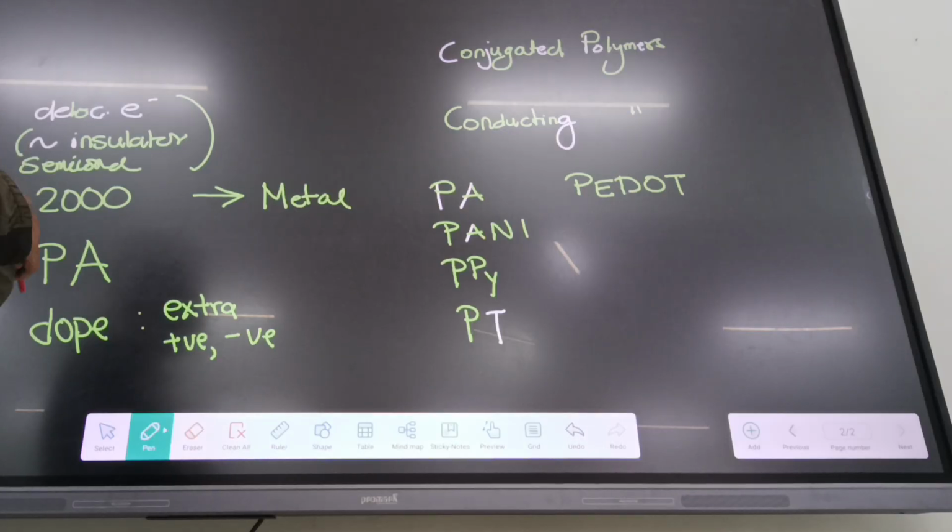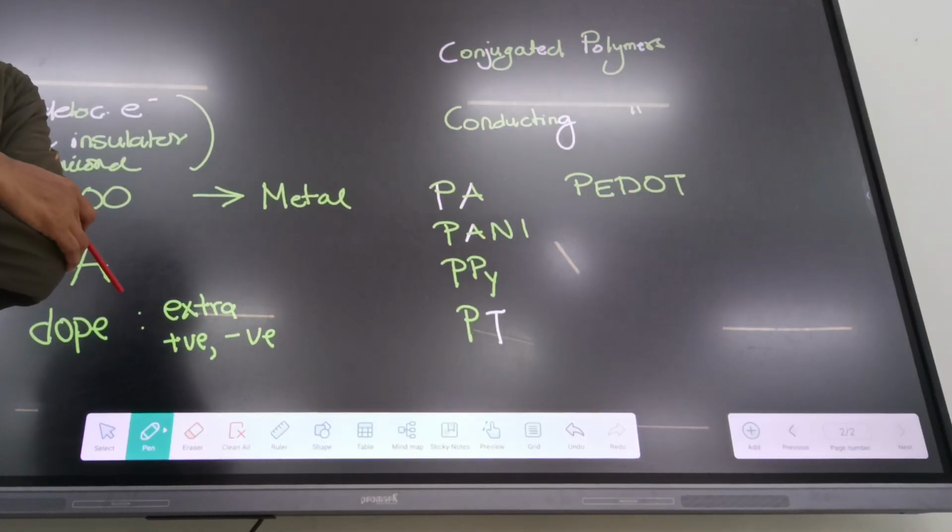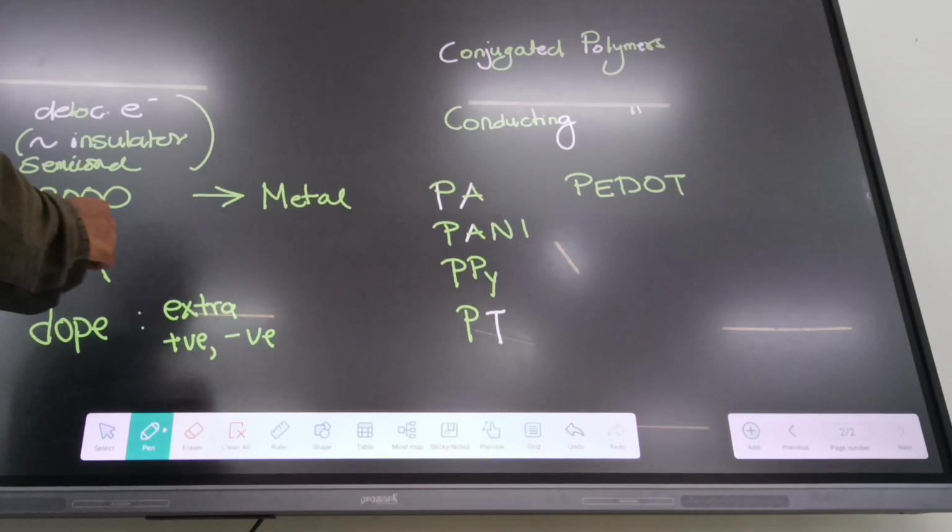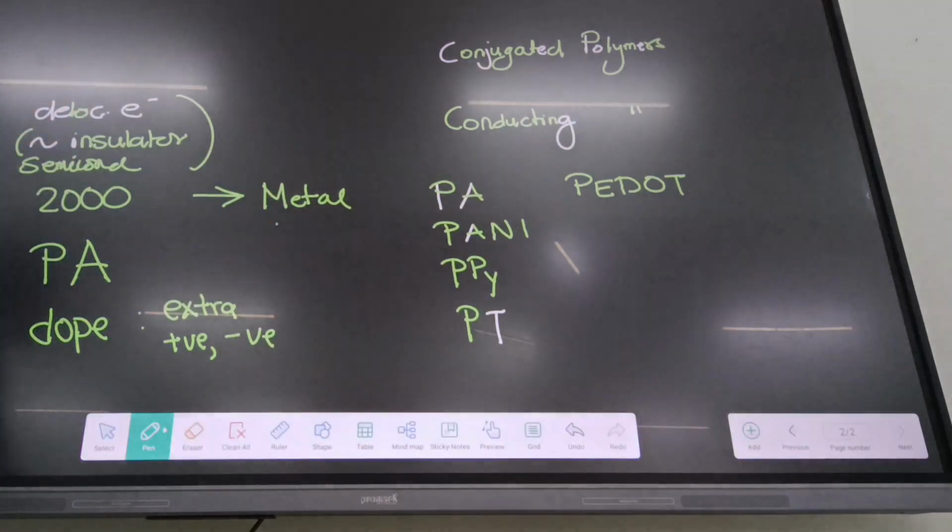Some compounds like these have been written up as behaving as a metal. They start to behave as a metal because they start to conduct as a metal.